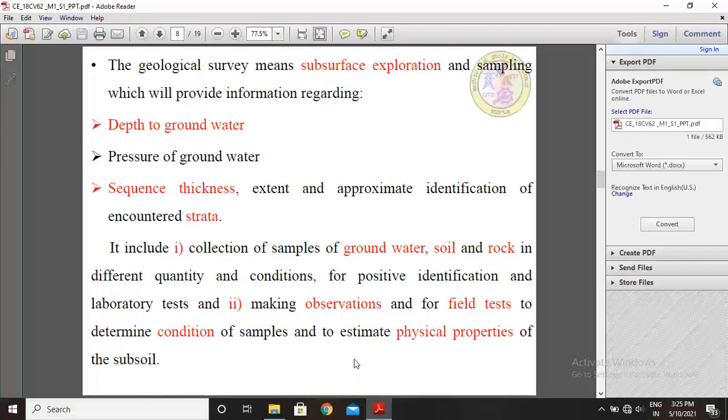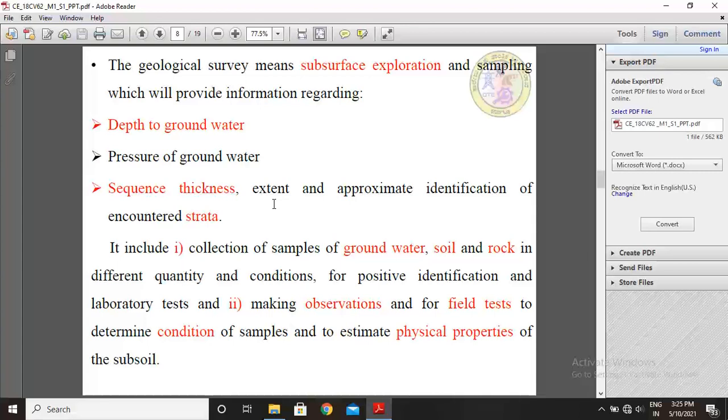The geological survey means subsurface exploration and sampling which will provide information regarding depth to groundwater, pressure of groundwater, sequence, thickness, extent and approximate identification of encountered strata.